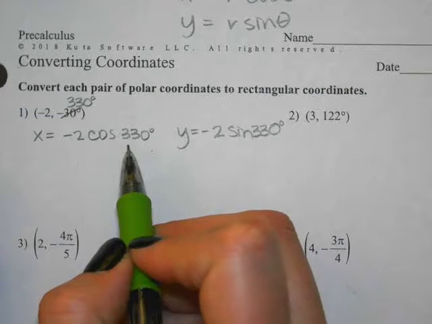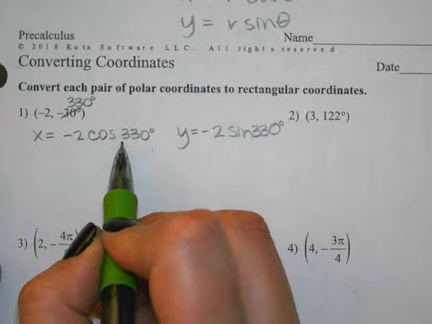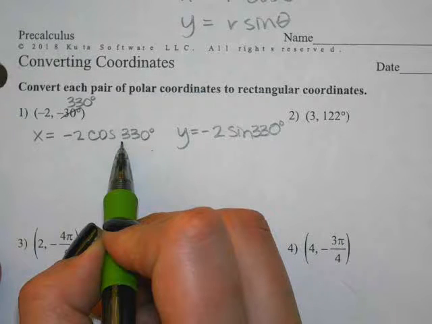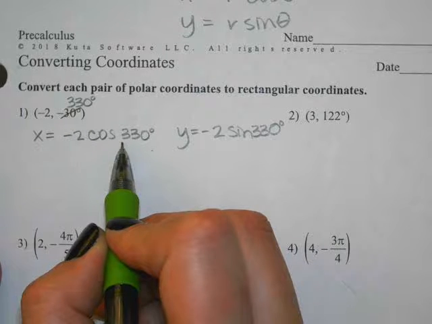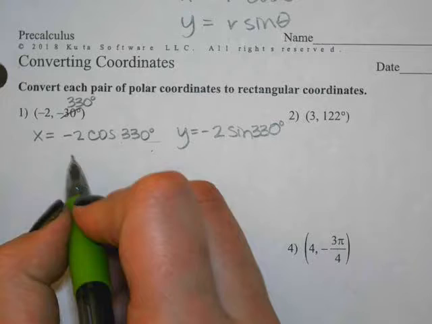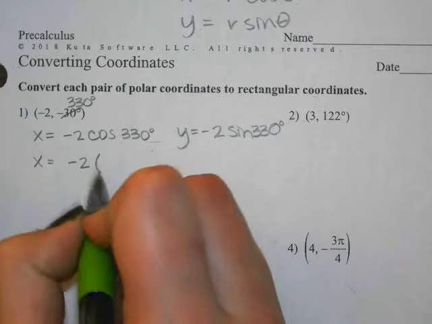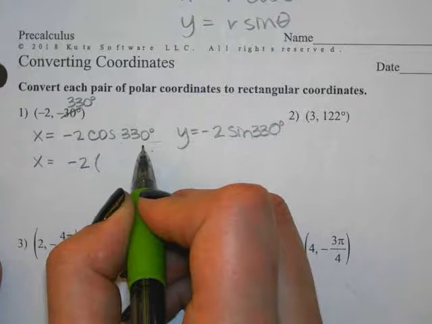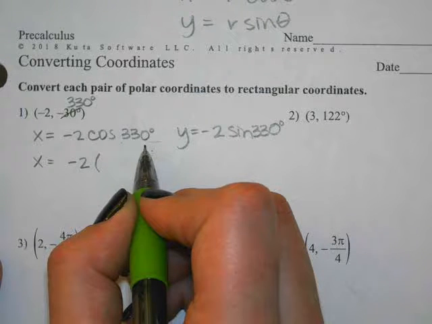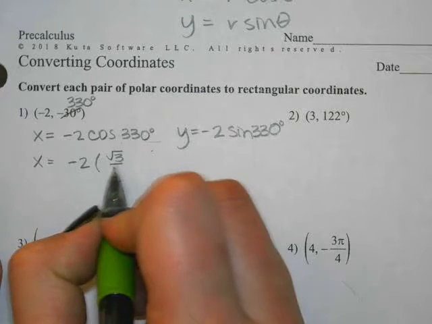So if we look at our unit circle, cos of 330 is, shouldn't be negative though, right? Because it went to the right? Oh, your final answer should be negative, yes. Sorry, so -2 times, what's just cos of 330? √3/2.